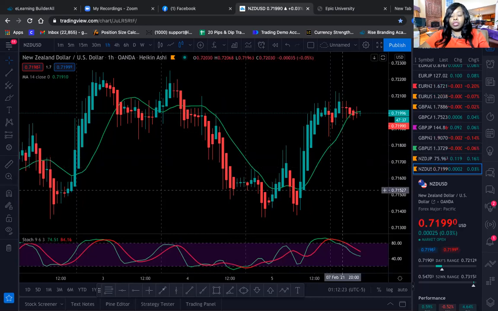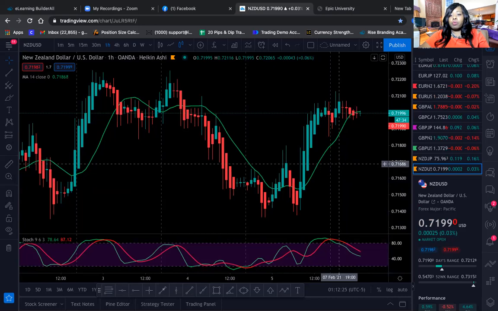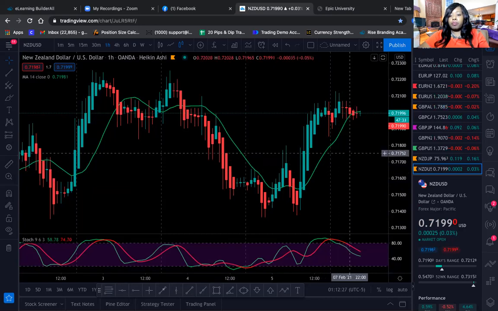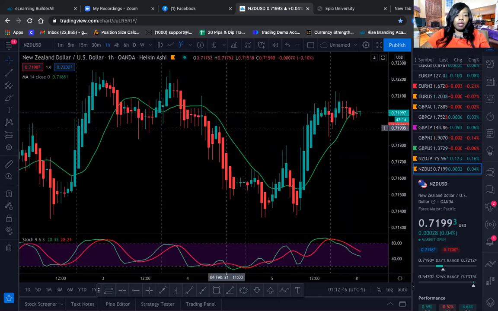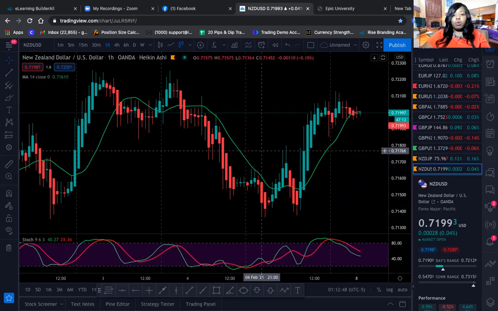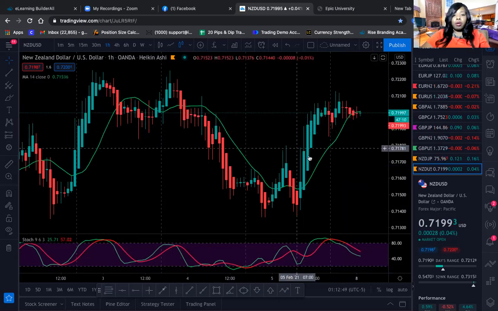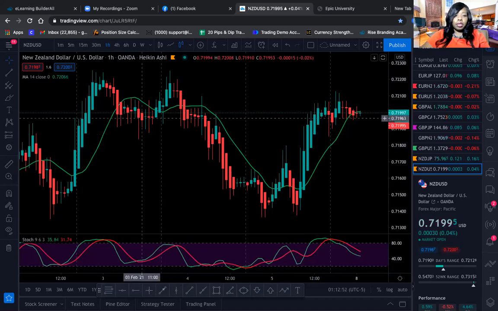You're seeing what's going on with the current pricing of that pair. This is the current price over here, 72.072, and the current price right now is 71.996. So that is the price action that we see there. Now, what we're looking at here are called Japanese candlesticks.